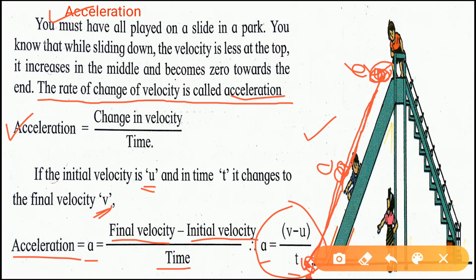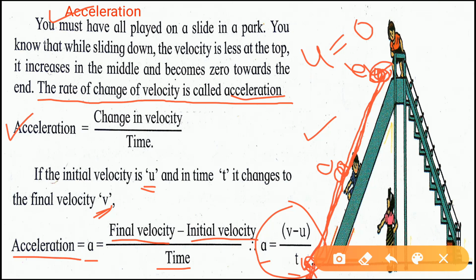At the time of sliding, you start from the top of the slide. At that time you are firstly in a rest position, so the initial velocity is 0. Then you start to slide, so the velocity increases, and you come to the end of the slide.